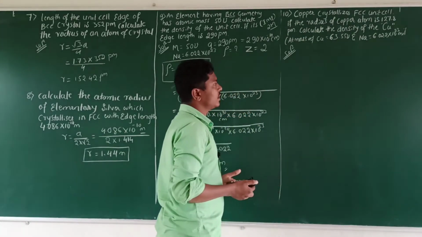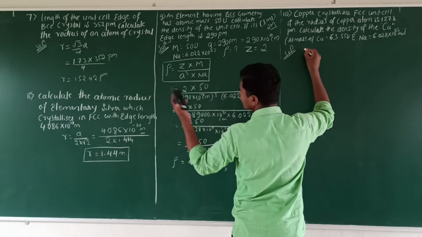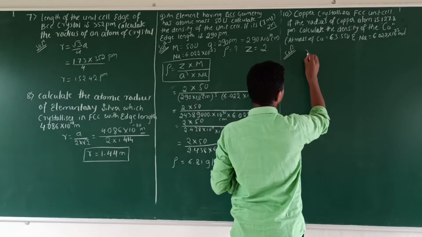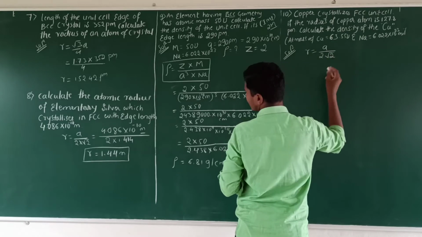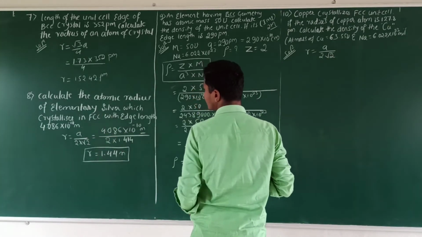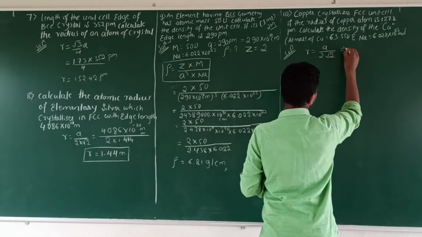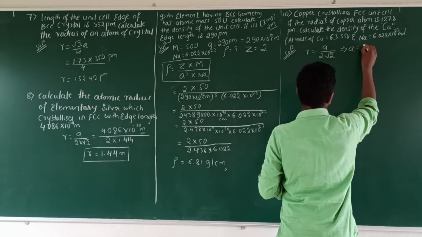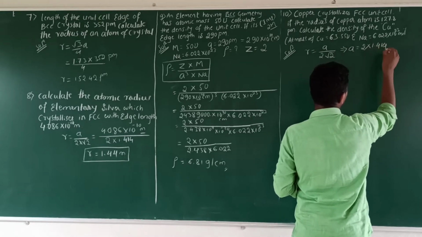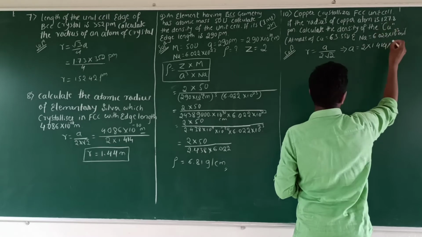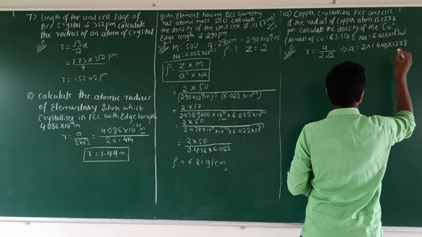They given a radius but they do not give the edge length. Then the relation between the edge length and radius in FCC unit cell is what? Tell me. What is the relation? R is equal to A by 2 root 2, isn't it? For FCC. Then we want edge length here. Edge length is equal to 2 into R into root 2, value is 1.414, into how much radius is 127.8, isn't it?